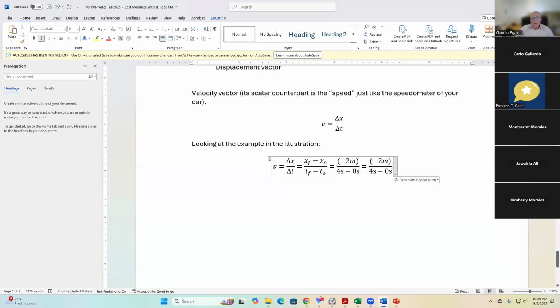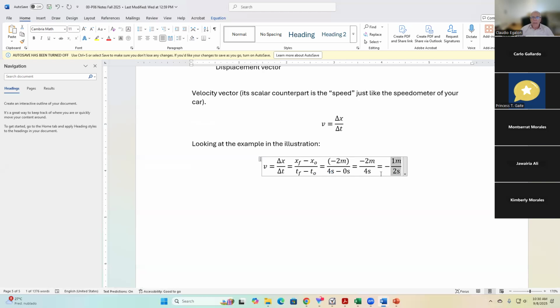And now I'm going to simplify. By simplifying, I mean I'm going to get rid of the parentheses here, and get rid of the delta t naught. Then I'll further simplify that by moving the negative sign to the outside of the fraction, and simplify 2 over 4.